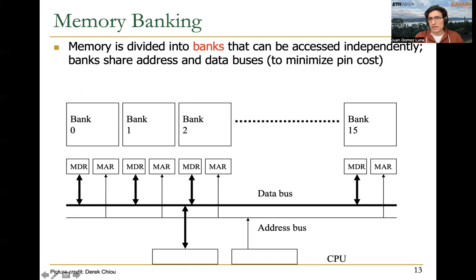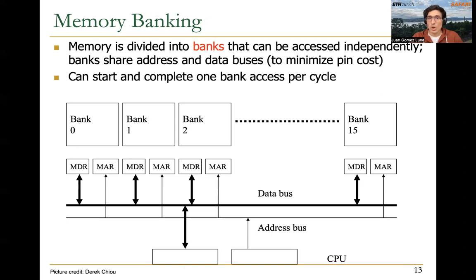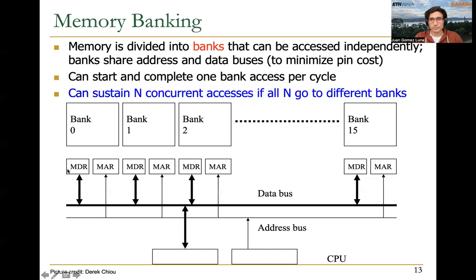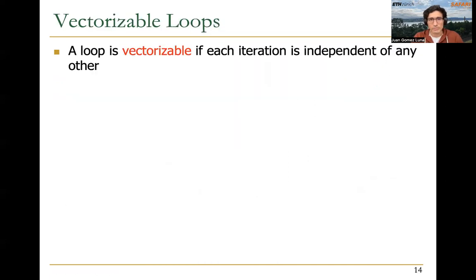So memory is divided into banks that can be accessed independently, and these banks share the address and the data buses, as you can see. Because these buses are shared, the CPU can issue one access per cycle. Because the access to memory itself takes more than one cycle, after a certain number of cycles, we will start obtaining one value in this MDR every cycle. So if we have n banks, we can sustain n concurrent accesses, 16 in our example.